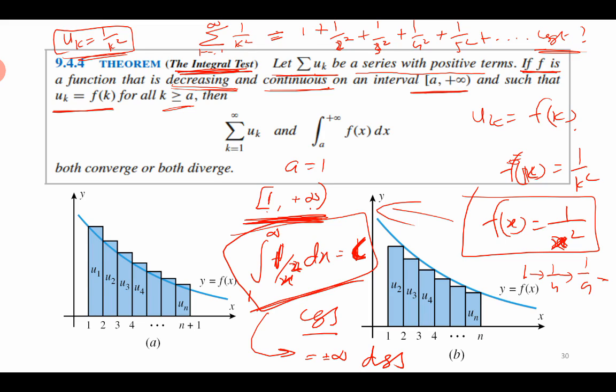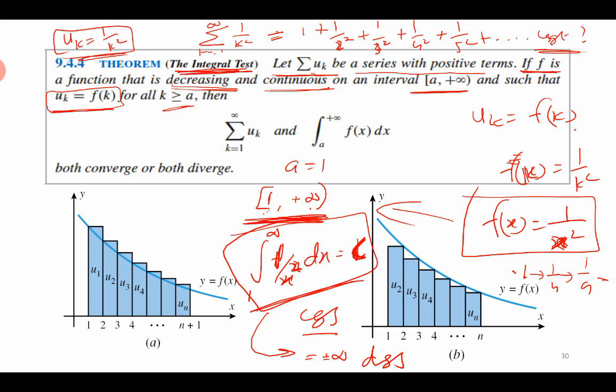But read it again: when you can associate the series with the function f of x in an interval 1 to infinity or some a to infinity, then the function should be decreasing, and all the terms in the series positive, right? And the function should be continuous.